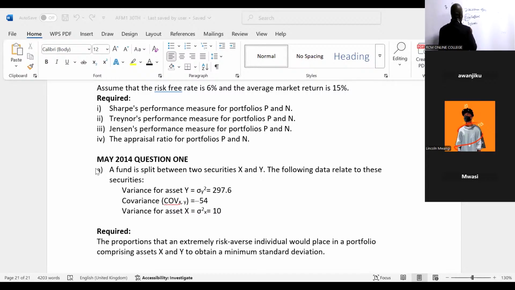If you have that handout, it is on the very last page. Optimal proportions are very popular.